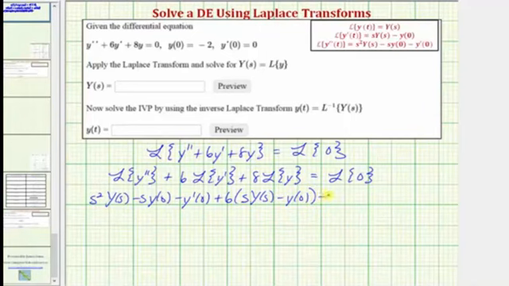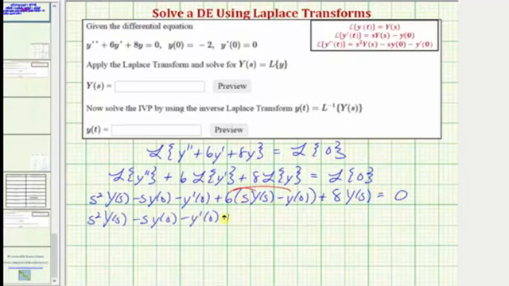And then we have plus 8 times the Laplace transform of y, which is big Y of s. We have 8 times big Y of s, and the Laplace transform of 0 is 0. And now let's close the parentheses here by distributing 6. Everything else will remain the same.